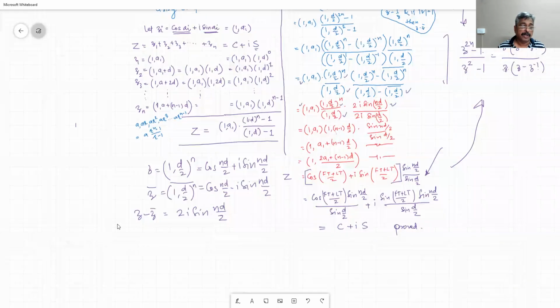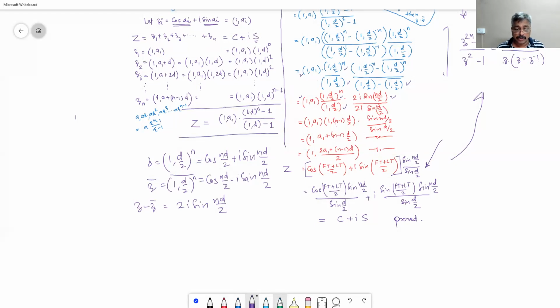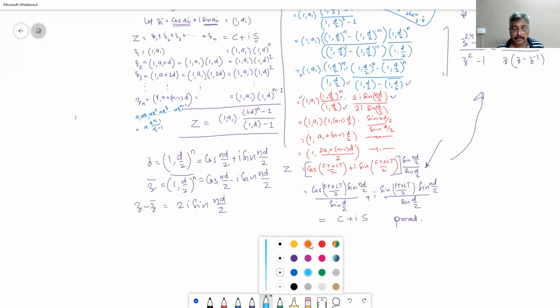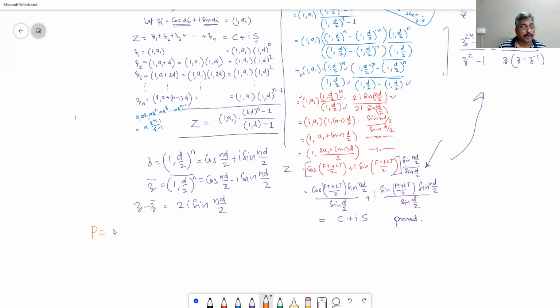So next problem. Product P is equal to cos 20 degree, cos 40 degree, cos 80 degree, is equal to.